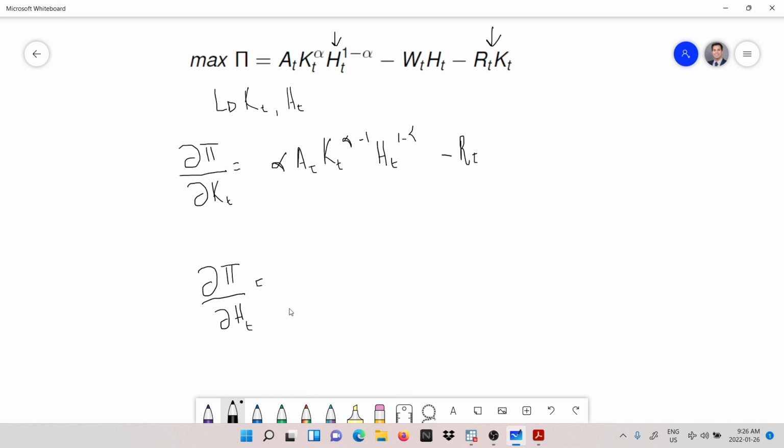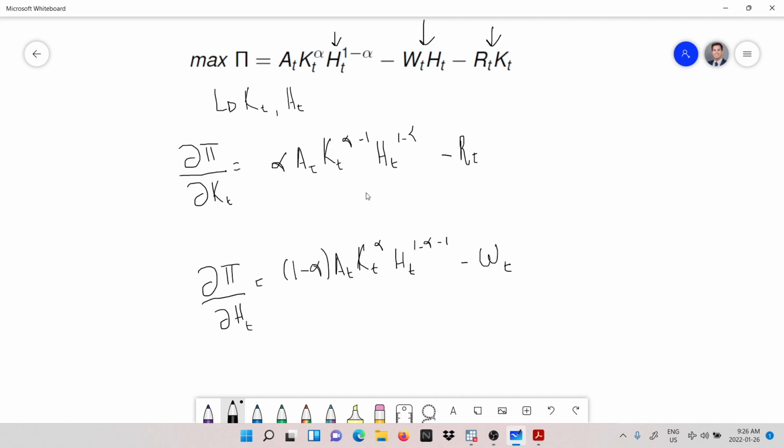If we take the first order conditions, we'll be left with (1 minus alpha) AT KT^alpha, and then here we have HT^(1 minus alpha minus 1). Okay, and the next HT that we have is in here, so the derivative with respect to HT would be WT. So basically these are the first order conditions.